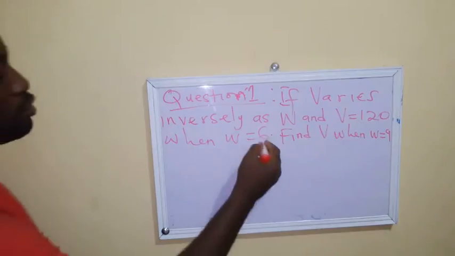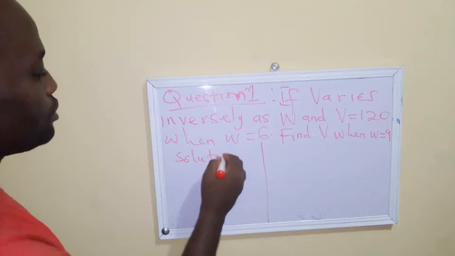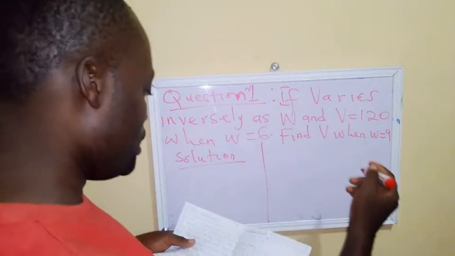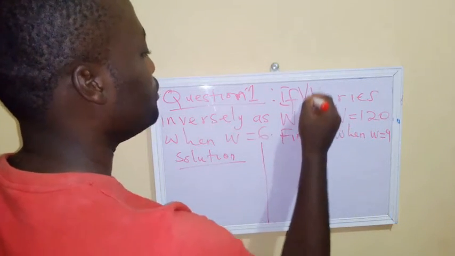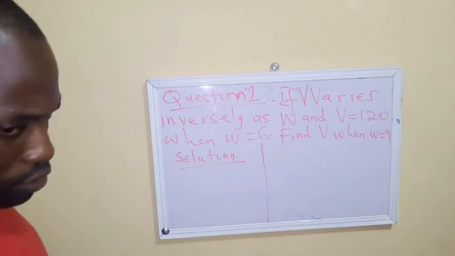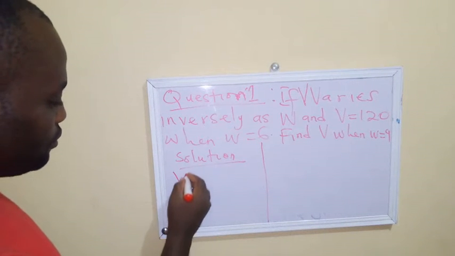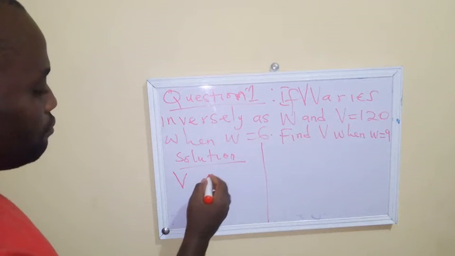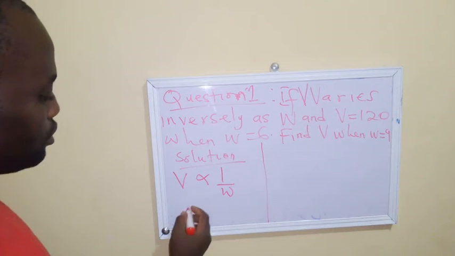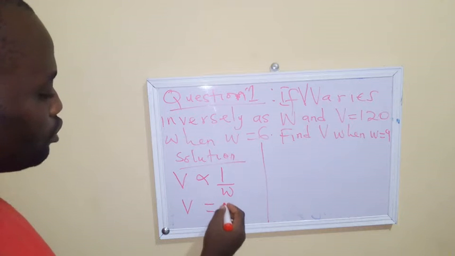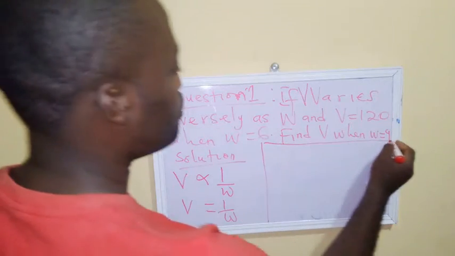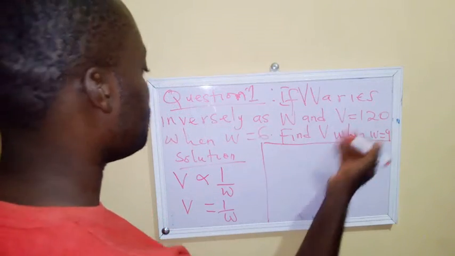Now, the solution to this is very straightforward. If V varies inversely as W, that is 1 over W, so V will be equal to 1 over W. So if V is equal to 1 over W and we substitute what we are given, V is given to be 120.